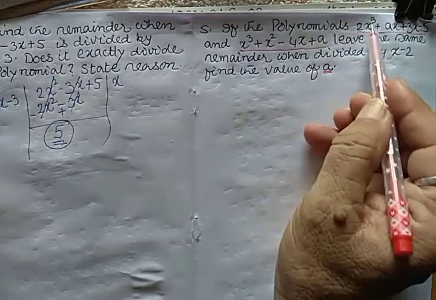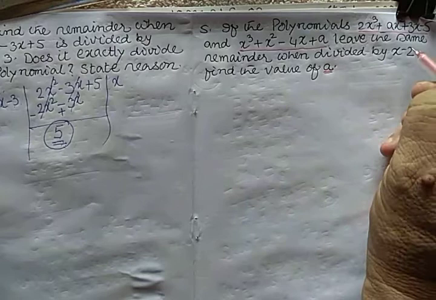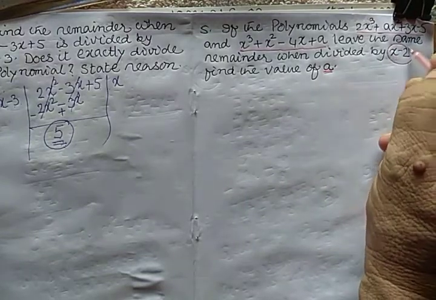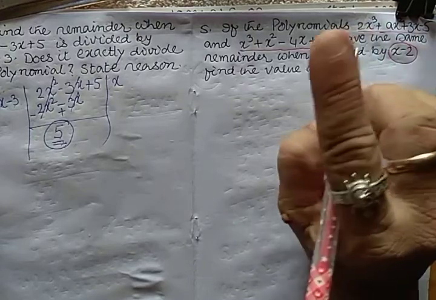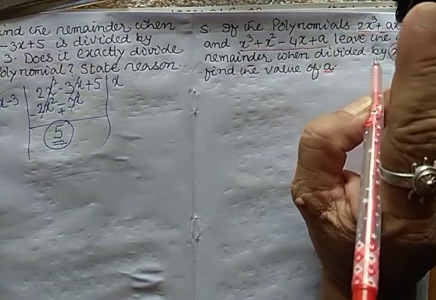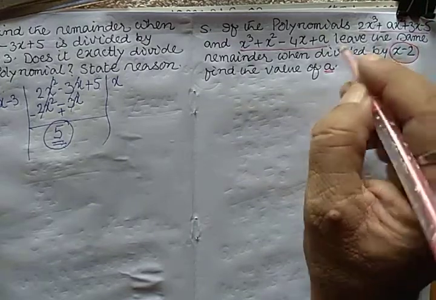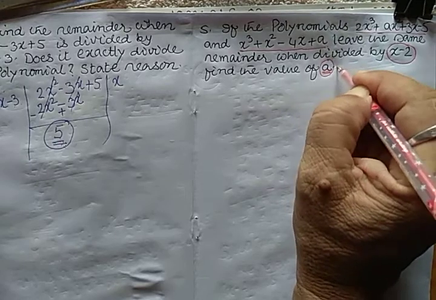These two polynomials are divided by x minus 2. Then what happened? You got the same remainder. Then you need to find the value of a in such case.